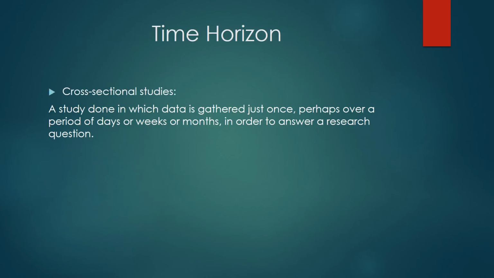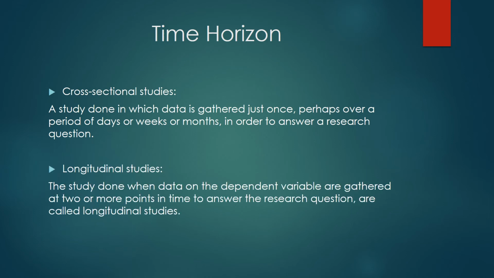Next we have is the time horizon. In time horizon we have cross sectional studies and longitudinal studies. A study done in which data is gathered just once, perhaps over a period of days or weeks or months, in order to answer a research question, is known as one shot or cross sectional studies.